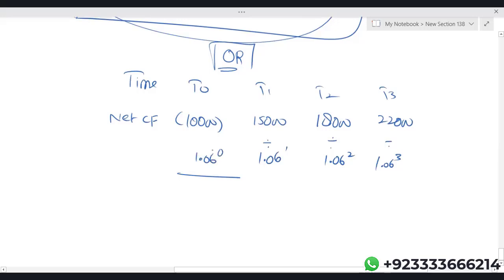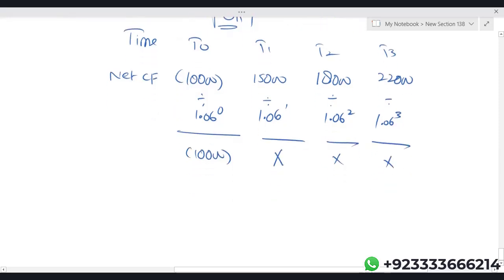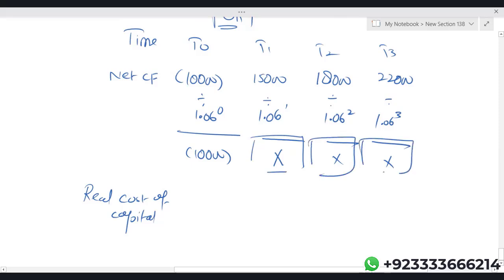Any variable which has power 0 is equal to 1. I'll get 10,000 negative. Now, whatever results are coming here, simply take the real cost of capital, because you have converted nominal cash flows to real. So just take real cost of capital and calculate NPV.